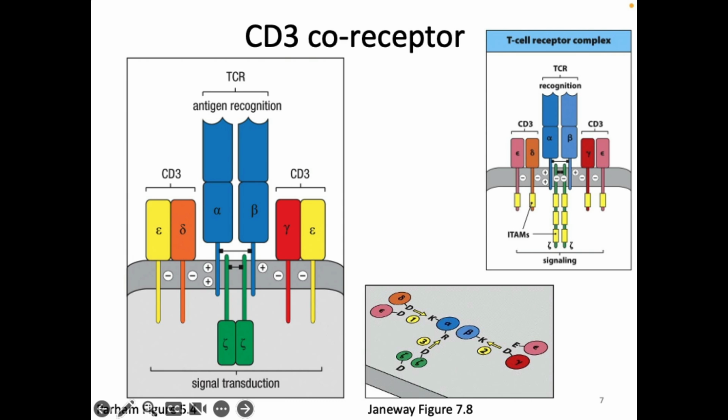This whole thing diffuses together in the membrane. The proteins never separate from each other in the membrane. They all stay diffusing together, even though they don't have covalent bonds other than between the actual T cell receptor.